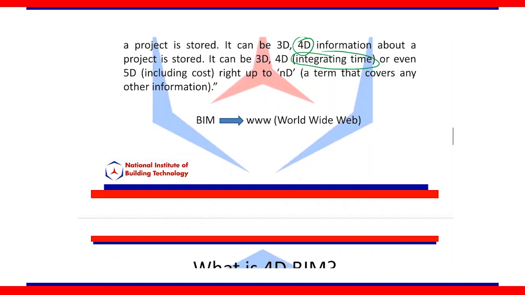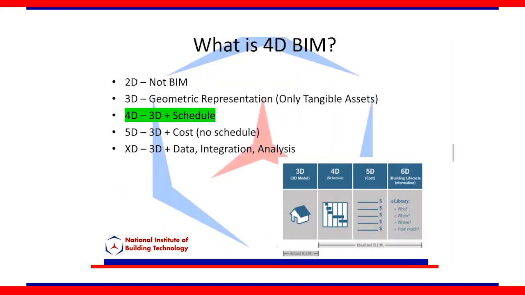So that being said, let's jump into the next question, which is: what is 4D BIM? In concept, 4D BIM is basically a 3D model integrated into a schedule. You'll always see schedules made in some sort of chart, and this plus this is 4D BIM.